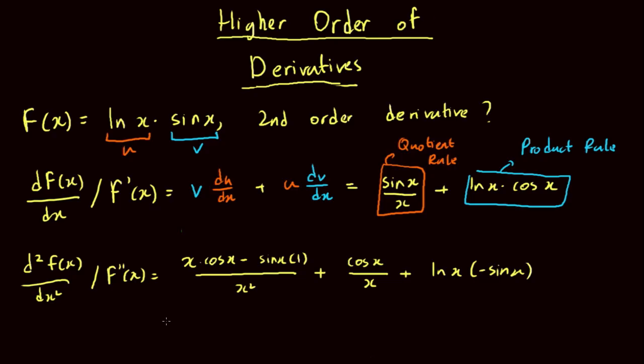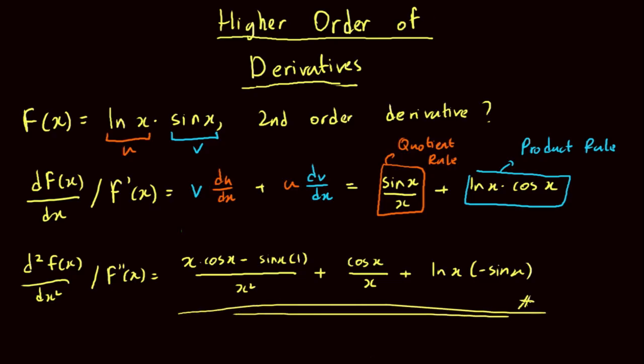Okay, so you can leave it like this, or if you want to simplify it further, be my guest and go ahead and simplify it. There's no problem at all, as long as you know how to get from the first derivative to the second derivative. That's all that's important, alright?